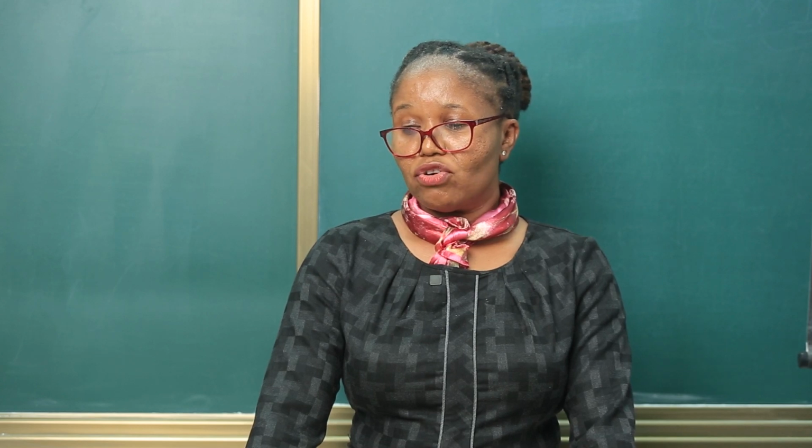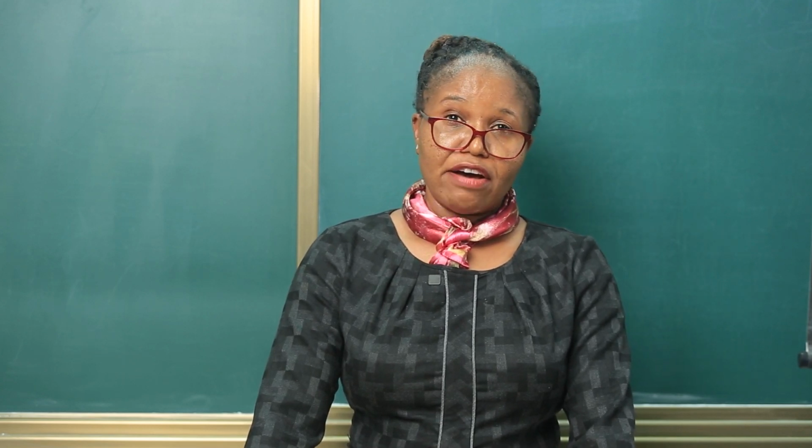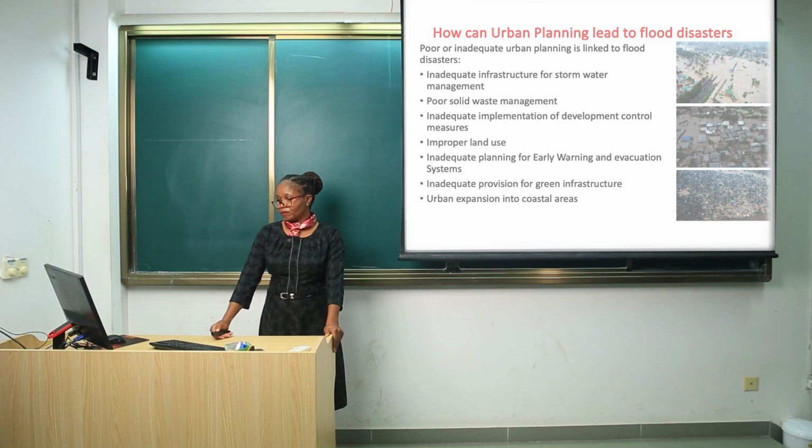Also, inadequate provision for green structures, which are very pertinent in flood control. Urban planners are responsible for allocating these, so when they are inadequately provided, they can lead to flood hazards. Another aspect is urban expansion into coastal areas without taking into consideration risks associated with sea level rise or storm surges, which may lead to disasters when storm surges occur.